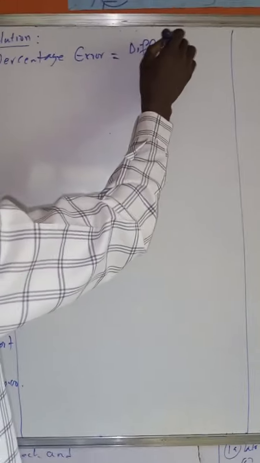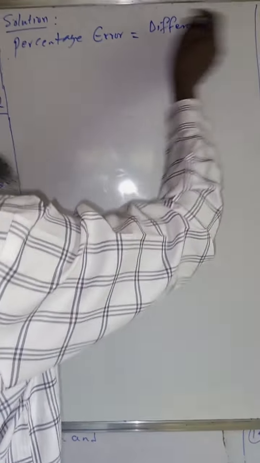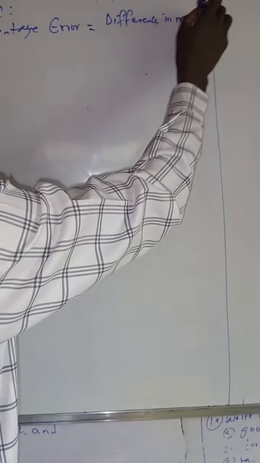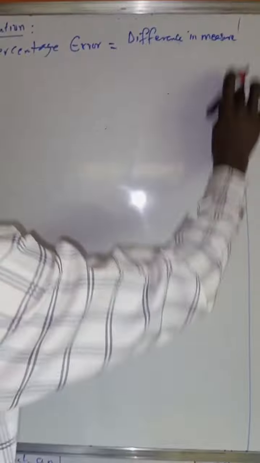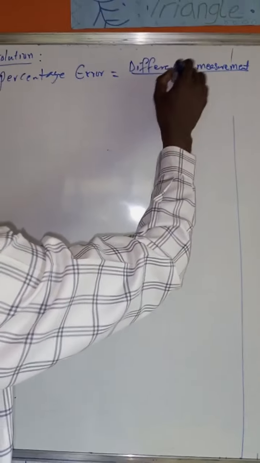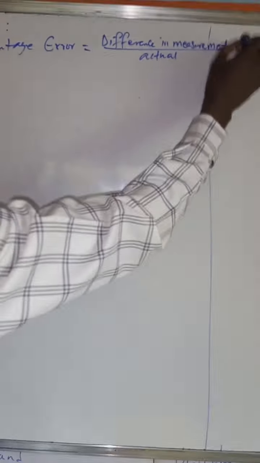We have the difference in measurement divided by actual, multiplied by 100/1. Why am I using difference?